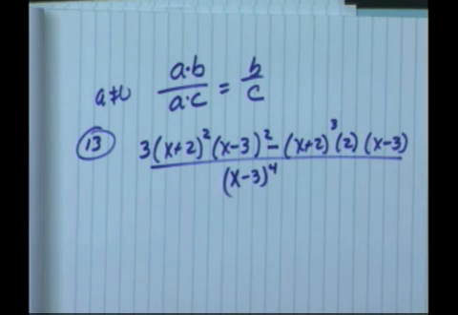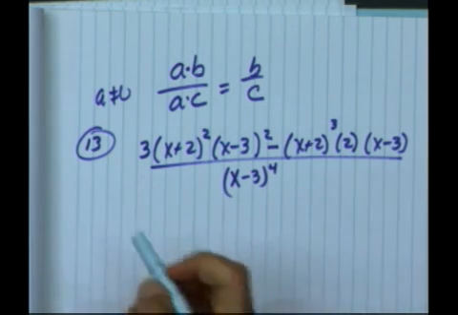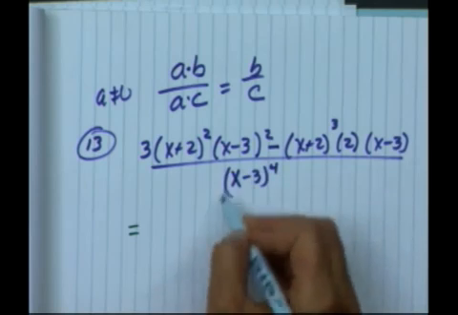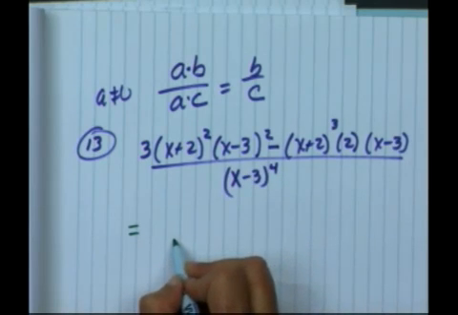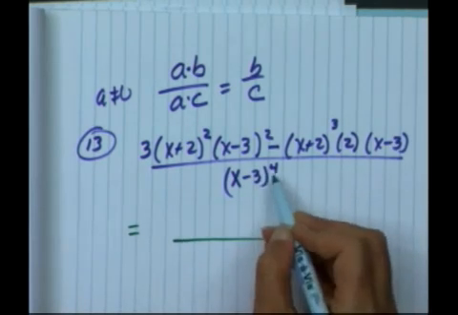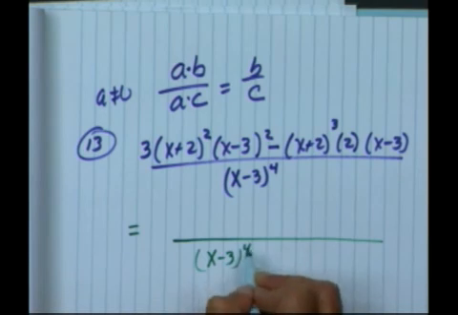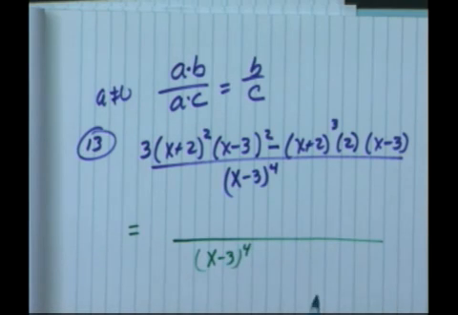Our instructions are to factor completely and simplify. Simplify just means we want it reduced to lowest terms. We want to completely factor the numerator, and the denominator is already in one factor. X minus 3 just happens to have multiplicity 4, so we're already finished with it.